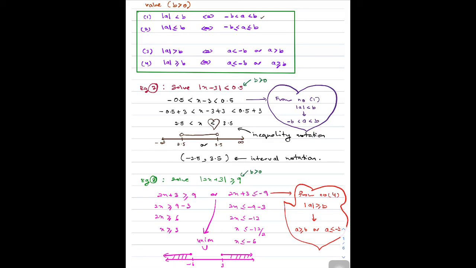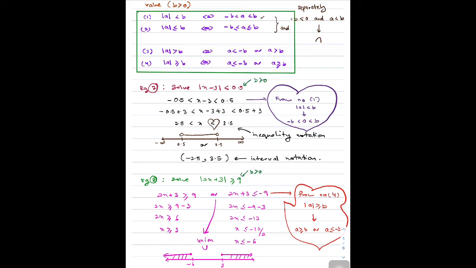If we want to solve separately, it equals a greater than negative b and a is less than b. So for number 1 and number 2, it is and. When we draw the number line, it is the intersection.